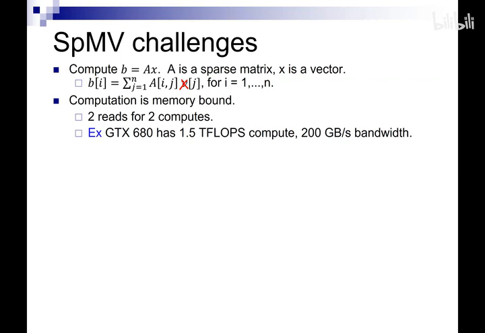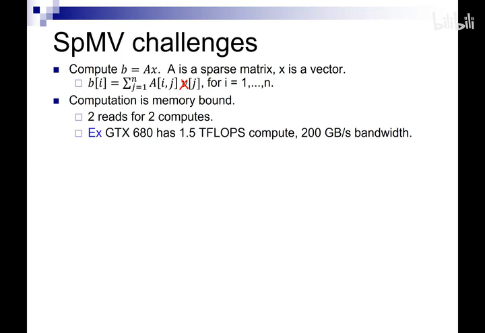Now this computation is actually memory bound. What that means is that if you look at how many memory operations SpMV does versus how much computation. For each index B of I, we're adding together basically n of these products. Each time we need to get 2 values, one from A, one from X, and those are memory operations.